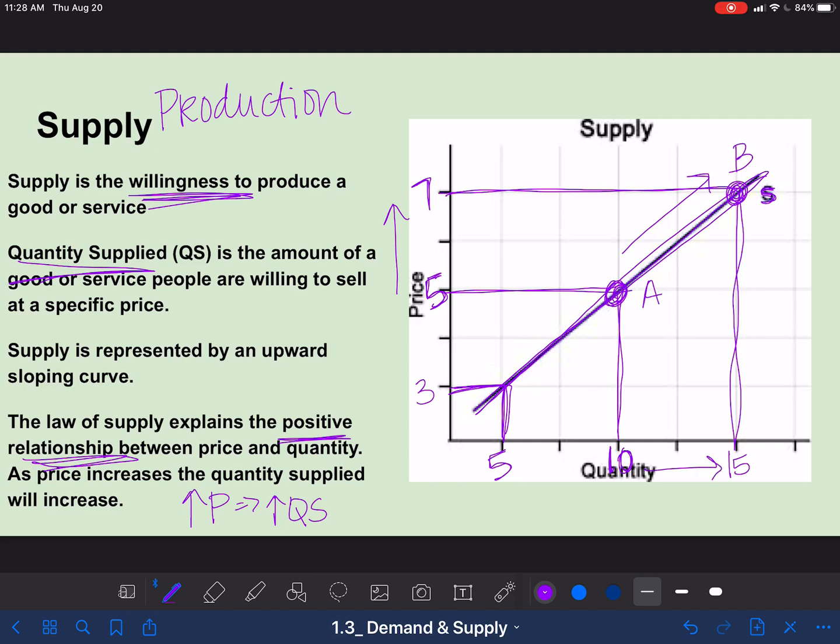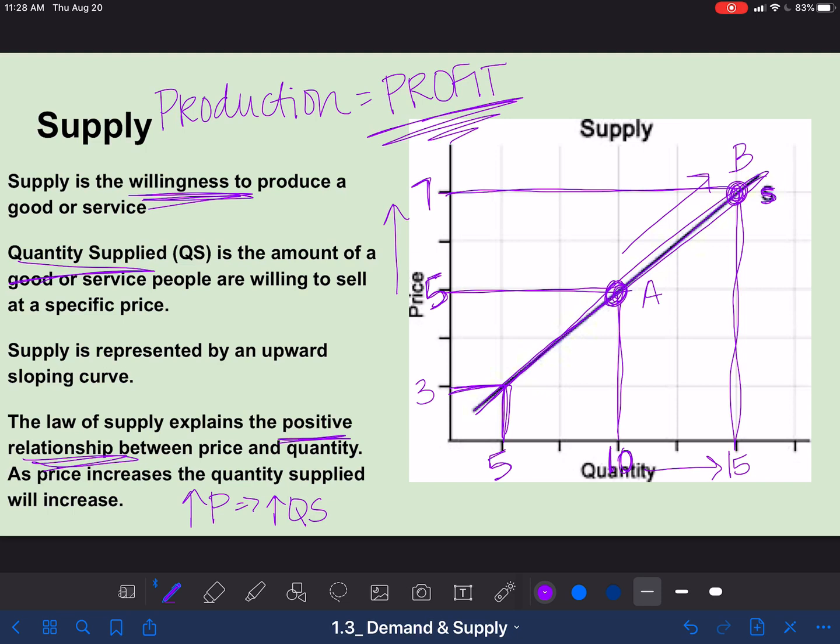And it makes sense that we have this positive relationship because production is all about profit. If the price of your product that you produce is increasing, meaning you're making a greater profit, aren't you going to increase the amount that you're selling at a higher price point? Yes, because you want to make a profit.